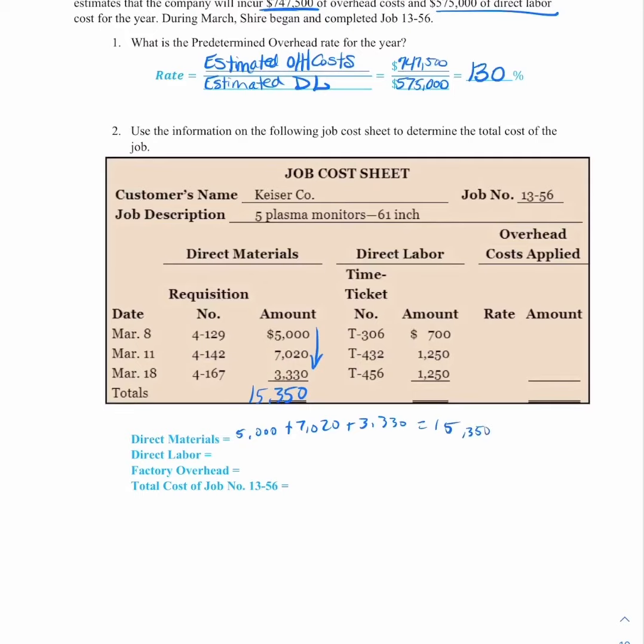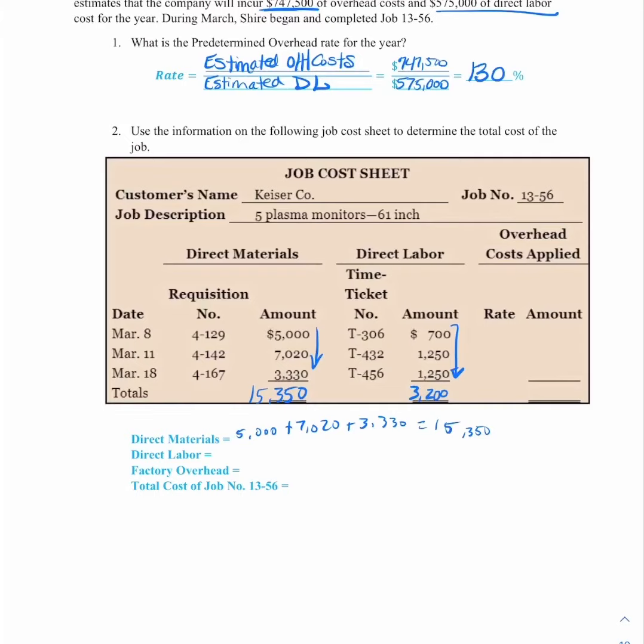If you would rather just deal with it from this table, that is perfectly fine as well. The next item then is direct labor. We'll do the same thing. So 700 plus 1250 plus 1250 is 3,200.